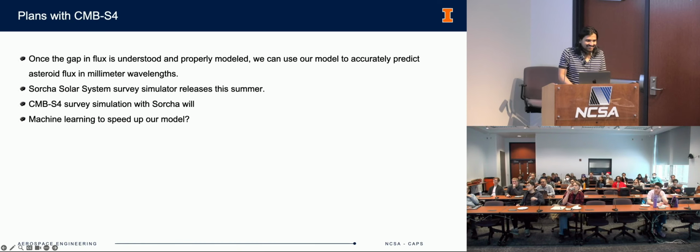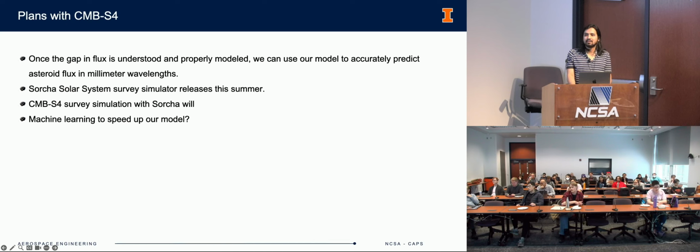I didn't complete the sentence over there, I'm sorry. So CMB-S4 survey simulation with SORCHA will give us an idea about what we can see with CMB-S4 in the context of solar system objects. And we will also explore if we can use machine learning to speed up the whole process.